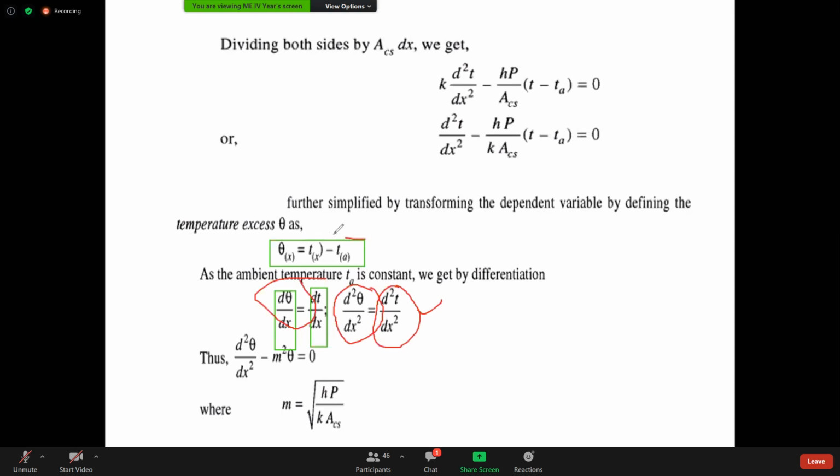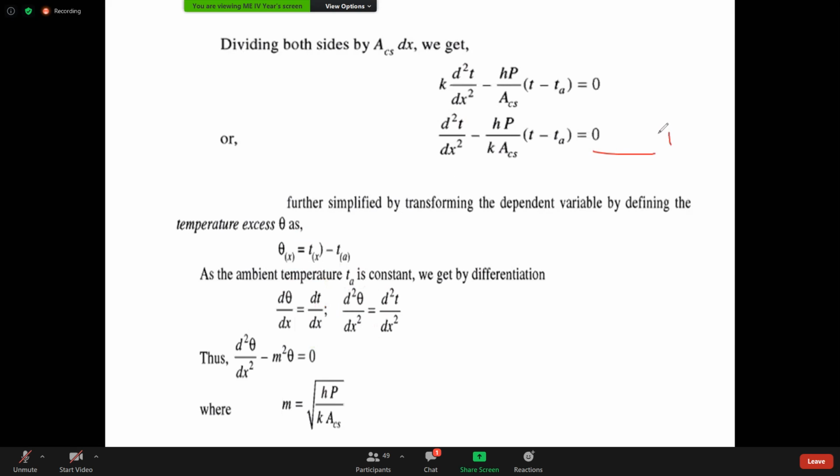That means I am introducing the temperature excess. The temperature excess is nothing but a difference of temperatures at a distance x minus T infinity, right? So I am differentiating this. That means in place of d square t by dx square, I can put d square theta by dx square. That is the intention of differentiating this, right?